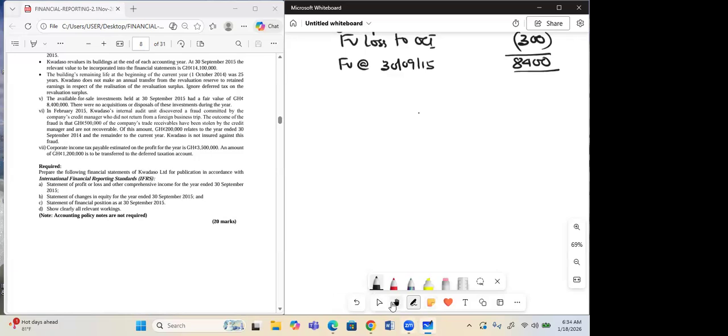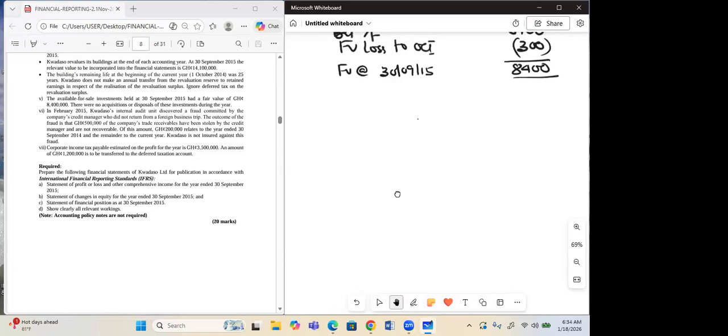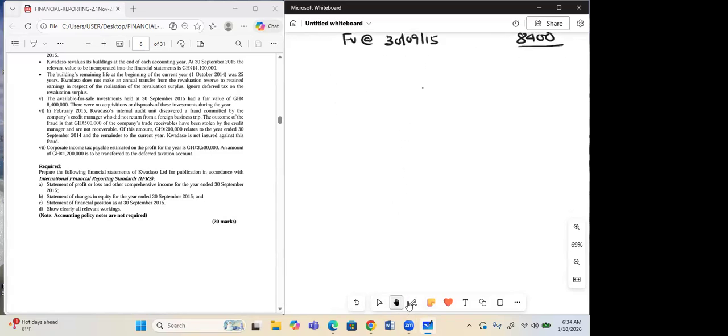True. What working number is this? Working 9. So straight away, if you go to working 9, I should take my receivables.